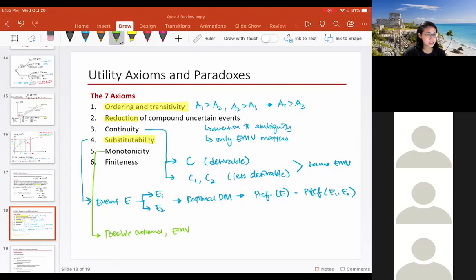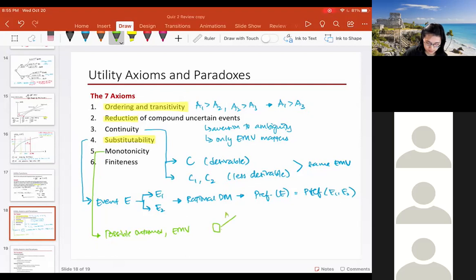So monotonicity says that if I have two separate events which give me the same outcomes, I'm going to prefer the one with the higher probability of winning the preferred outcome. Let me draw this out a little bit.